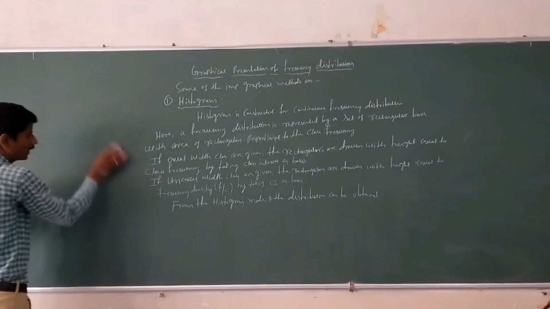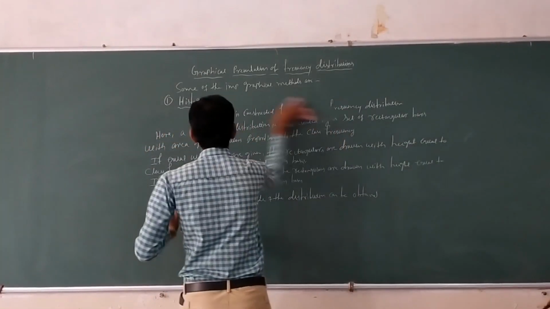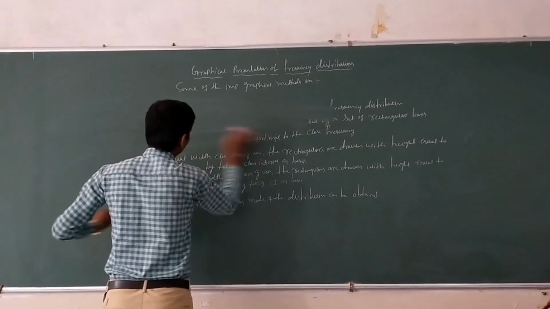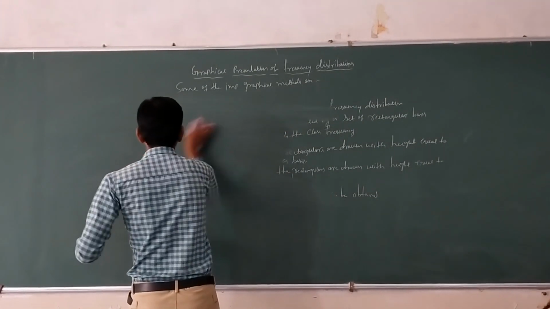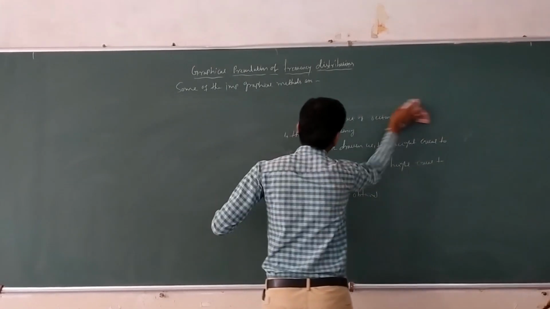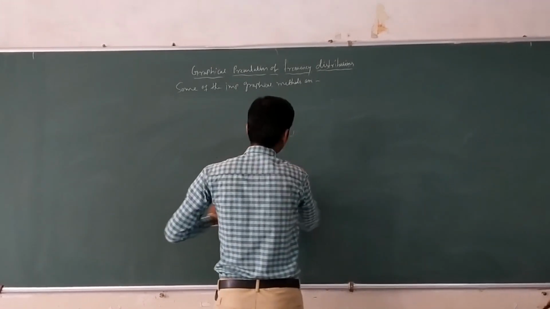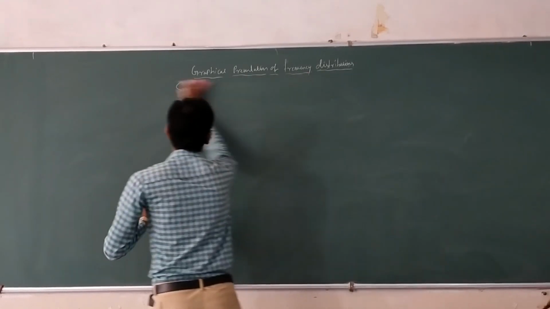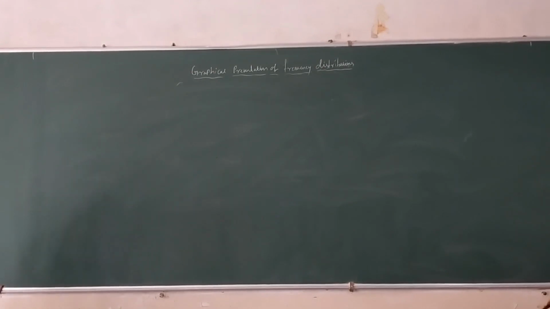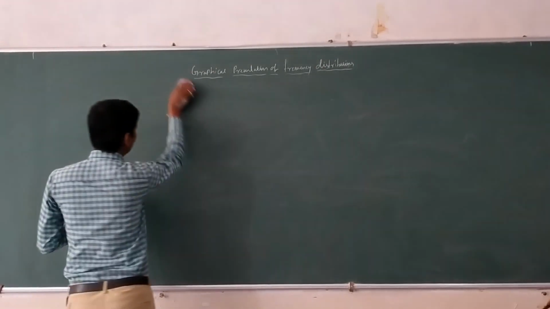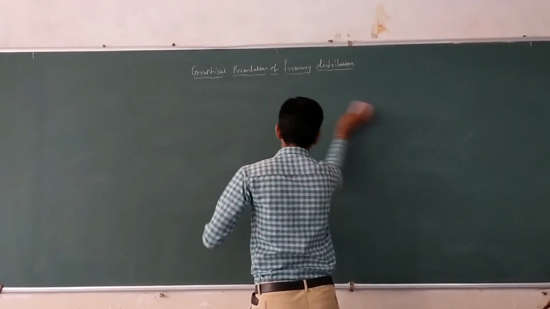What is a histogram? A histogram is a graphical representation of a frequency distribution. The frequency distribution is represented by a set of rectangular bars, with the area of each rectangle proportional to the class frequency.